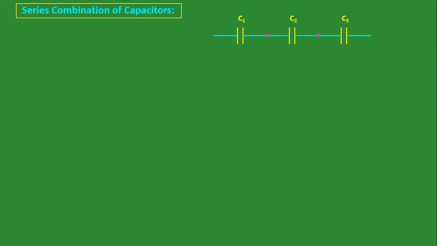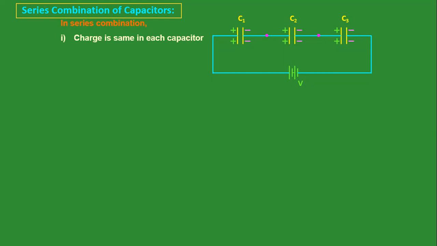So this is a series combination, and the combination is connected across a battery of potential V. Now in series, the charge is the same in each capacitor. So the battery sends some charge Q, and this charge is the same on all three capacitors.